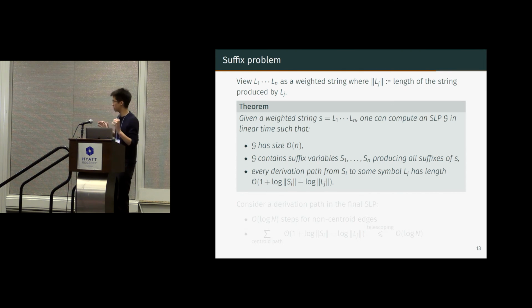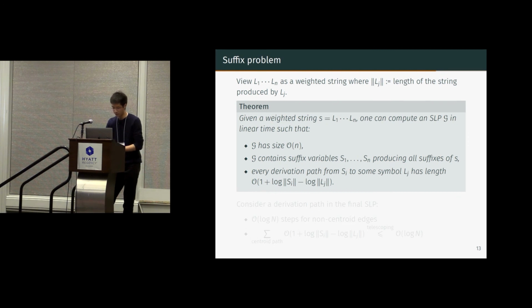Or in other words, what one also could try to do is to form a strongly balanced grammar, where in every step the weight goes down by a constant factor. This is not what we achieve, but along this path, this holds.